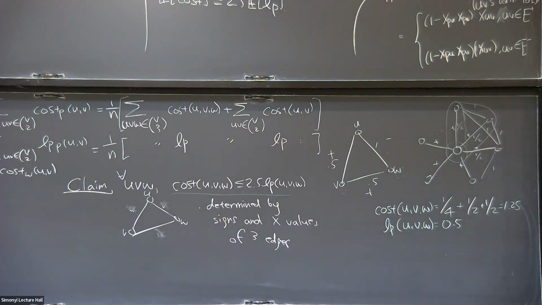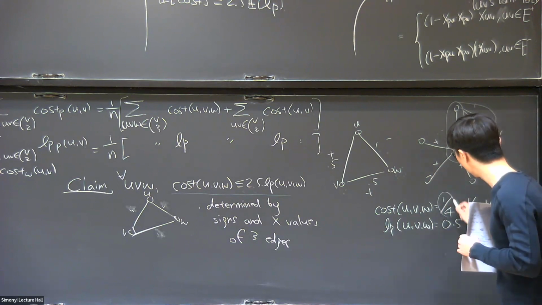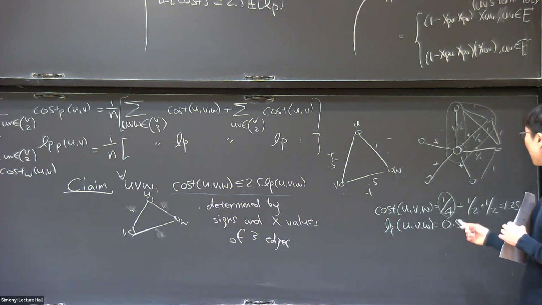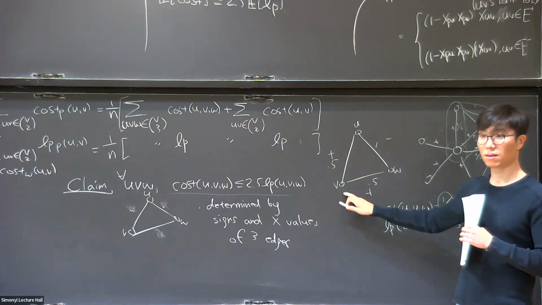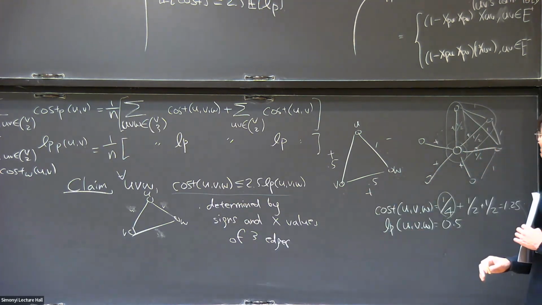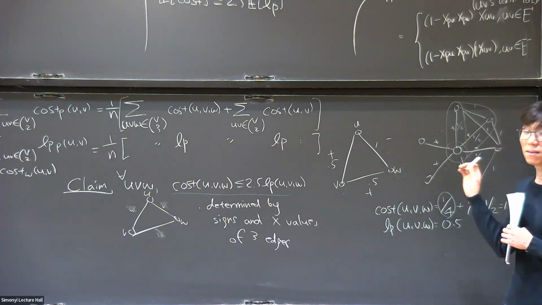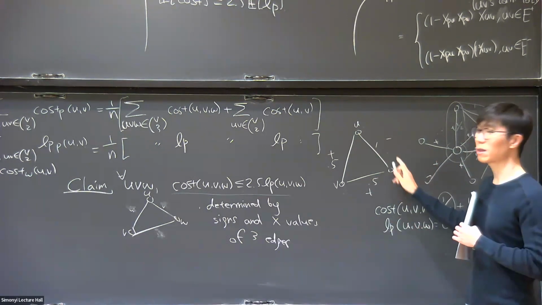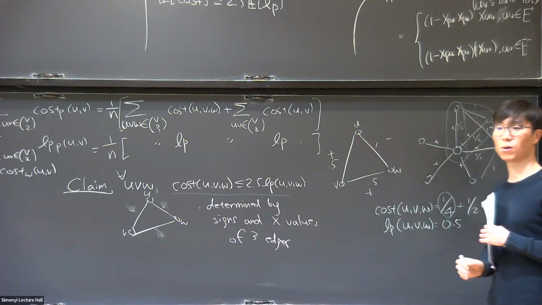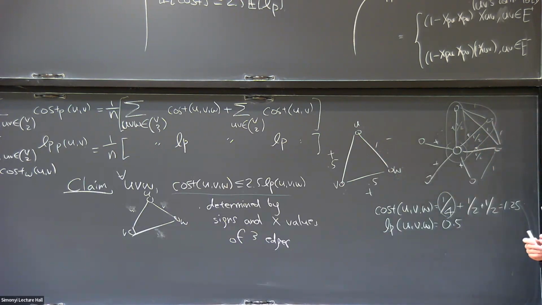But one can see that there's some stupidity going on in the tightness of this claim. Let's look at this term here. That's exactly when V is the pivot. And then the LP thinks that U and W are totally separate. Their distance is 1. One should never put U and W in the same cluster.